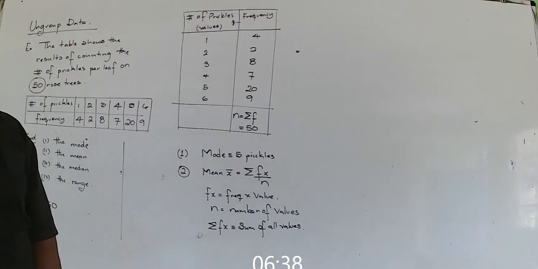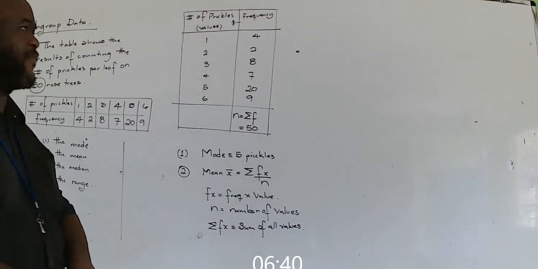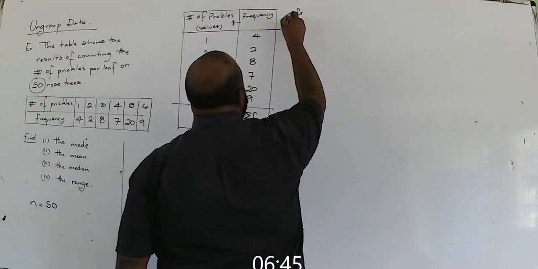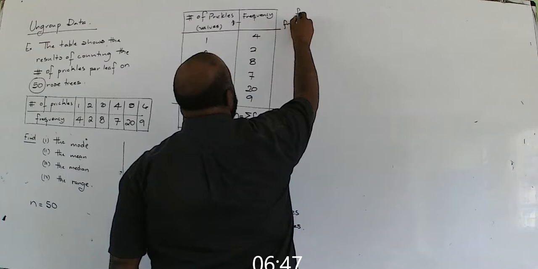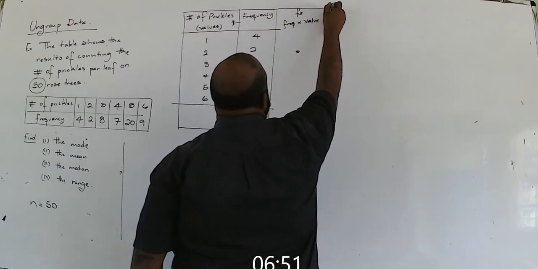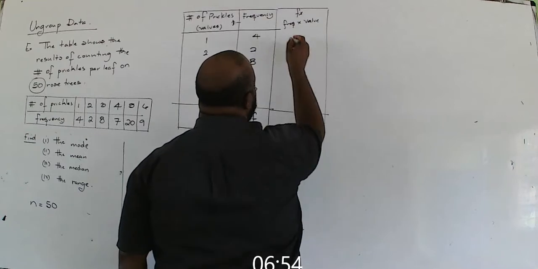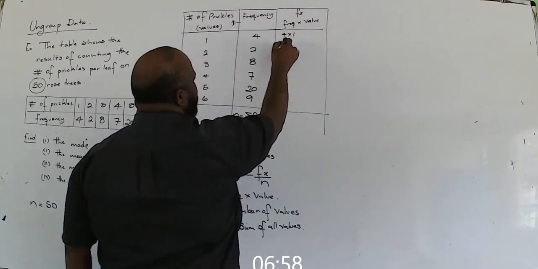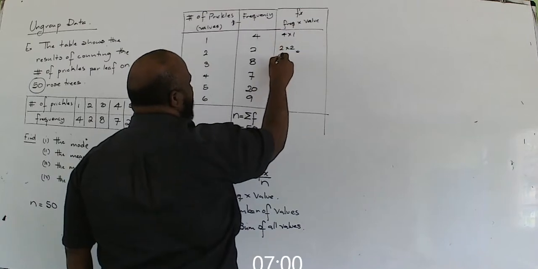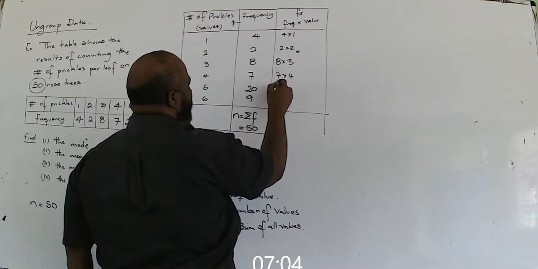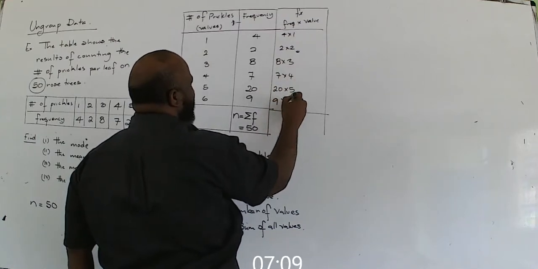Now, the first thing I need to do is put in a column called fx. This is frequency times value. That's 4 times 1, 2 times 2, 8 times 3, 7 times 4, 20 times 5, 9 times 6.